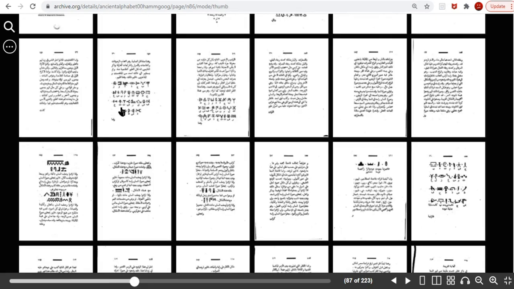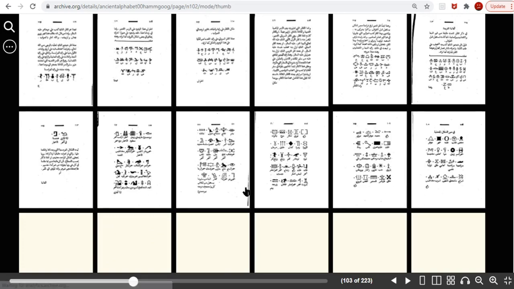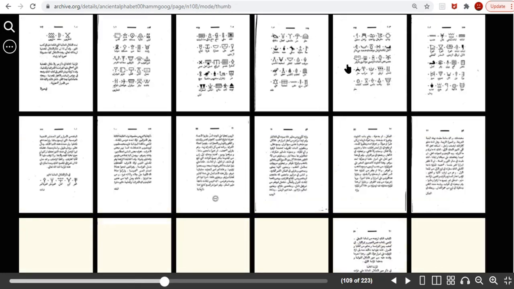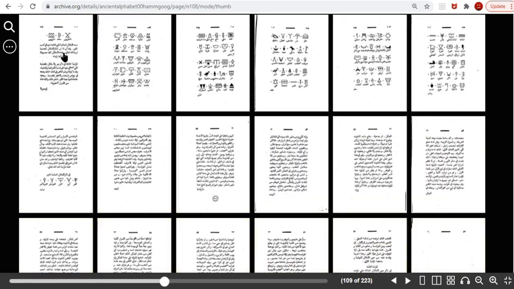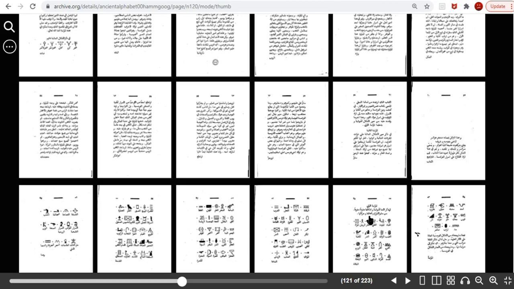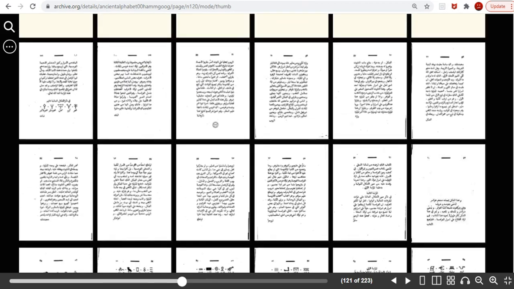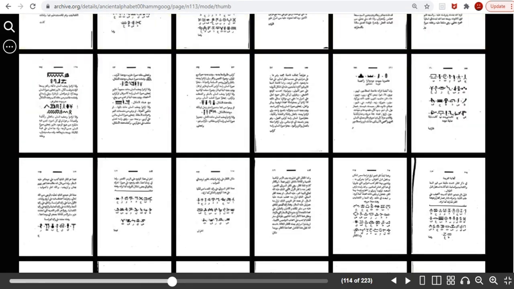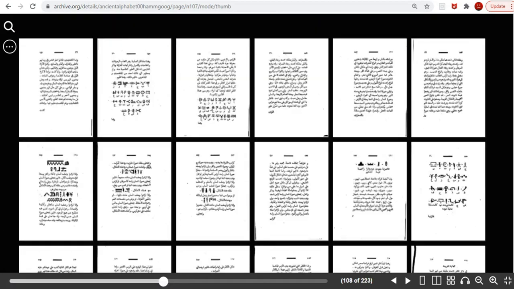So if some of the symbols are blurry in the first part, you can go to this Arabic part and the symbols are a little clearer, and you can check his interpretation. But it shows a whole bunch of the ancient alphabets, and it tells how they come about, where they come from, and who's lying about what.